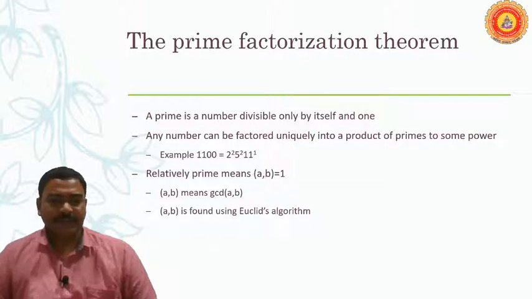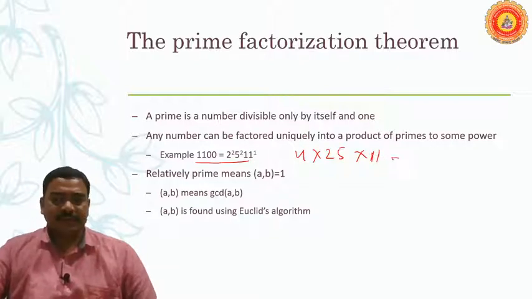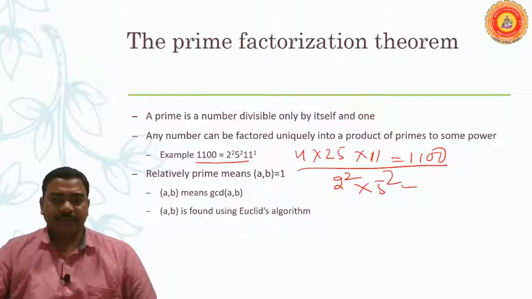For example, 1100 is 2 to the power 2, which is 4, into 25, into 11. So here it is written as 2 to the power 2 into 5 to the power 2 into 11 to the power 1.